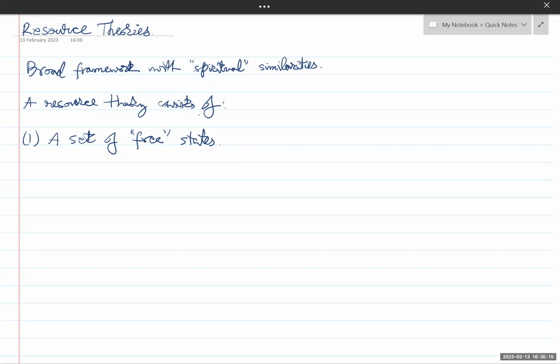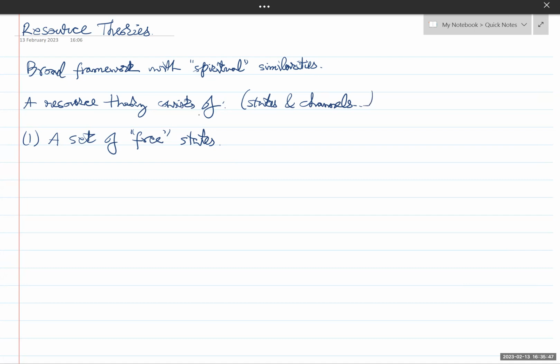Okay, I neglected to mention this, but I'm talking here about resource theories where we are concerned with states and channels and so on. Basically, it's about objects in Hilbert spaces of quantum mechanical states.